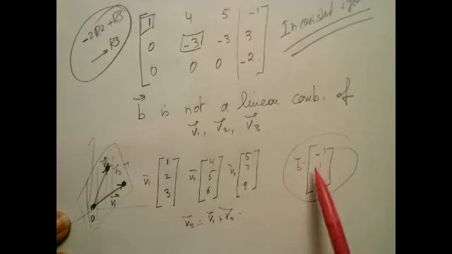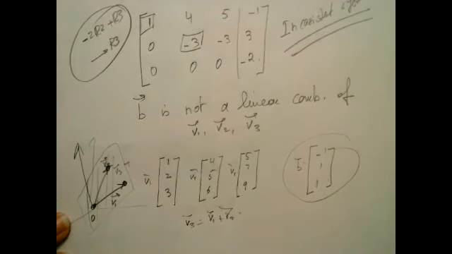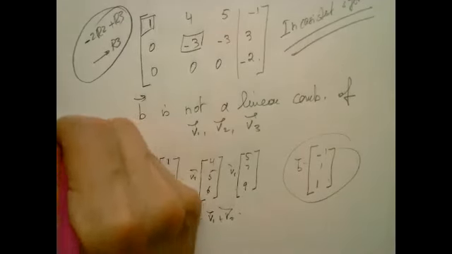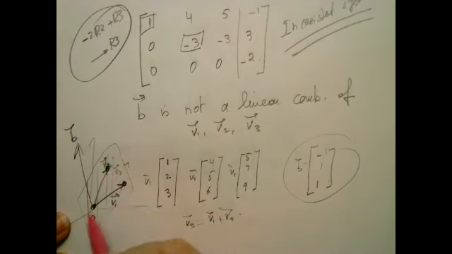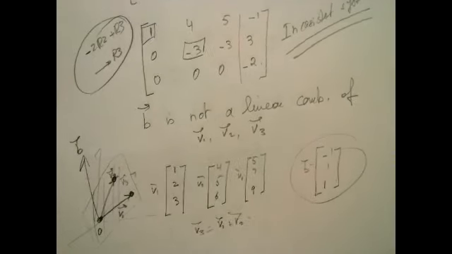What's happening is that this vector B is living outside the plane. So there is no way that you can reach this vector by following the direction of V1, V2, and V3. That's the geometry that we're going to slowly develop in those ideas, okay? So let me summarize a little bit.